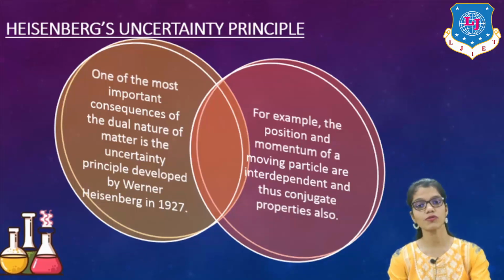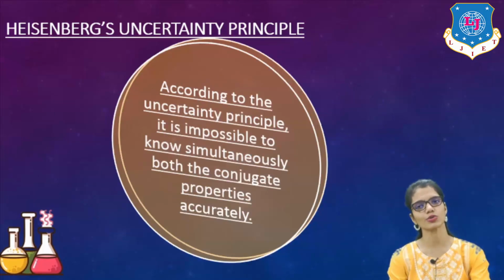According to Heisenberg's uncertainty principle, it is impossible to know both conjugate properties simultaneously and accurately. Obviously, you get the data, but the data is not accurate. If you obtain the value of any one conjugate property, it is accurate, but if you measure both simultaneously, they will not be measured accurately.